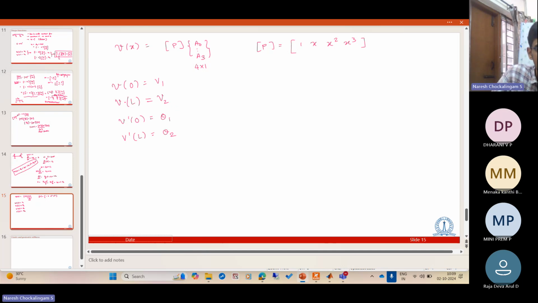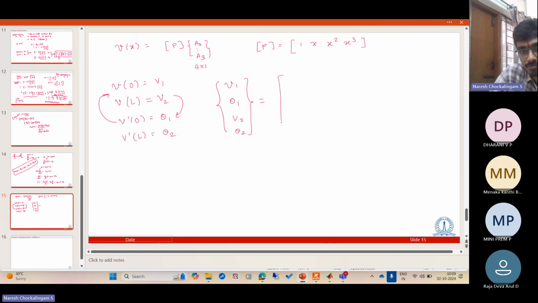So let's arrange it in the usual format, so let V dash of 0 go up and V of L can come down. So the first 2 degrees of freedom are together, and the next 2 degrees of freedom are together. So now, V1, theta 1, V2, theta 2, this is our degrees of freedom vector.